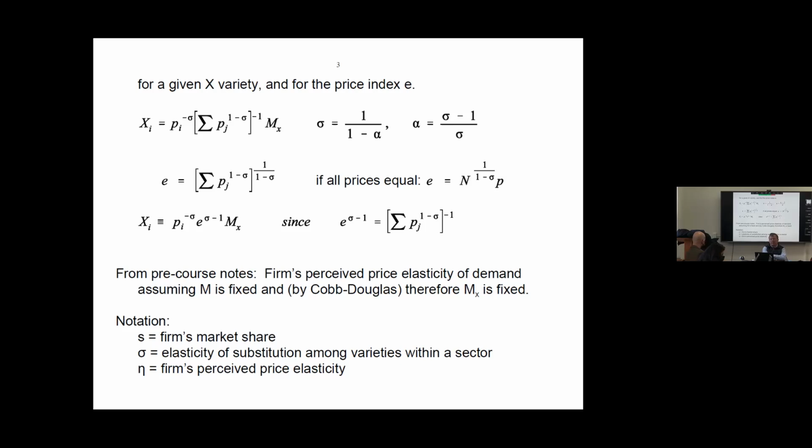Sigma, if you work through the algebra, is equal to 1 over 1 minus alpha. So alpha is between 0 and 1, so sigma is greater than 1. Or you can invert that and say alpha is sigma minus 1 over sigma. The expenditure function, the cost of buying 1 unit of this utility good, X_C, is given in the next line.